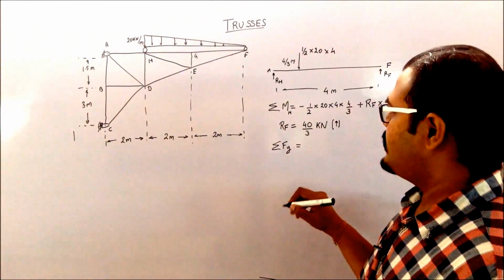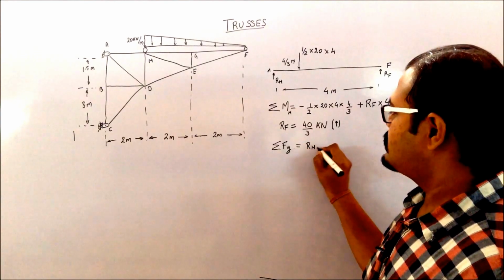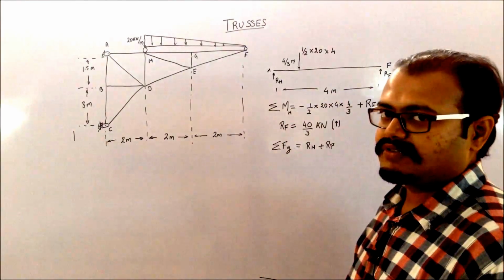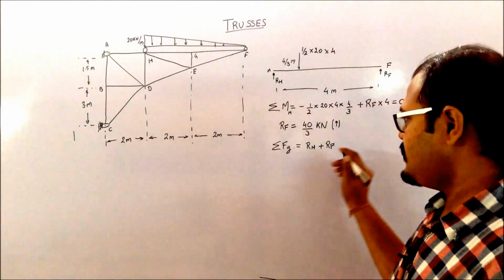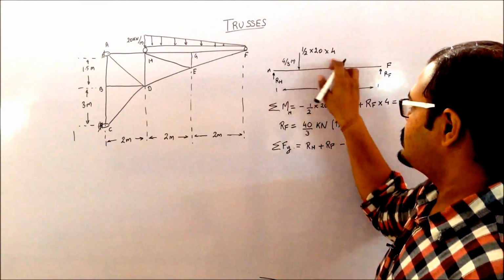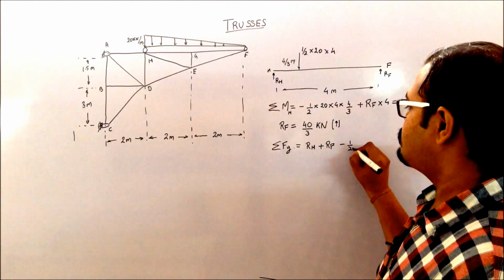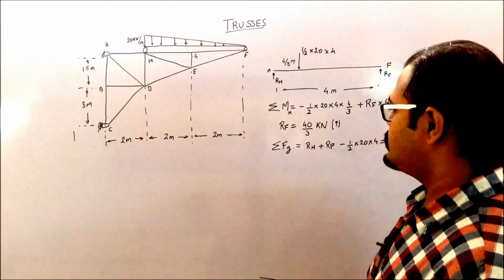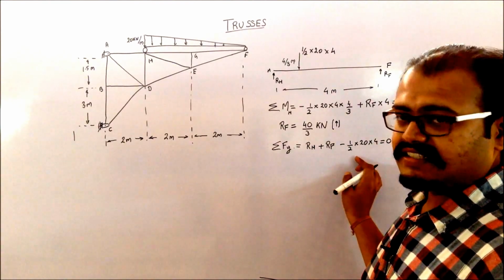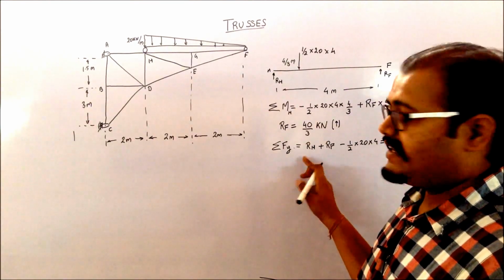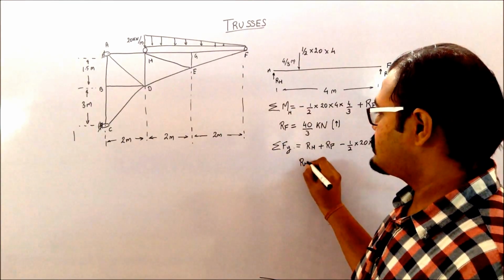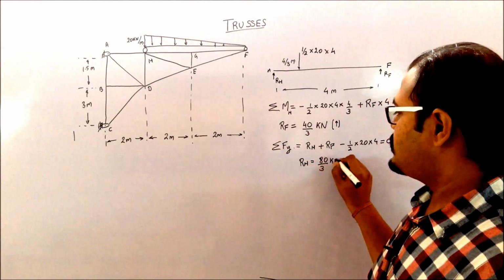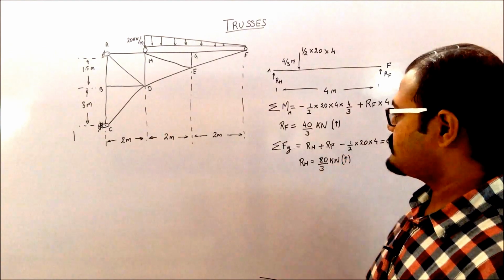So in that I will be having my RH plus RF, because both of them are going in the positive y direction, minus this particular force, which is half into 20 into 4, this will be equal to 0. From this particular equation, I will be getting the RH value as 80 by 3 kilonewton upwards.